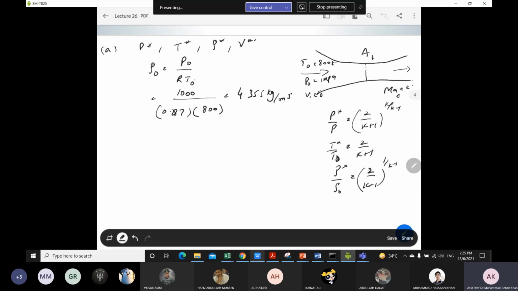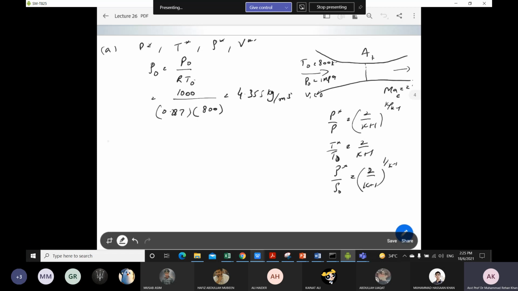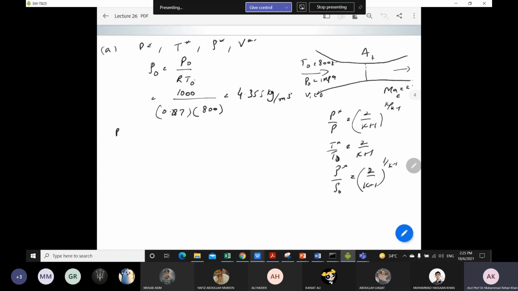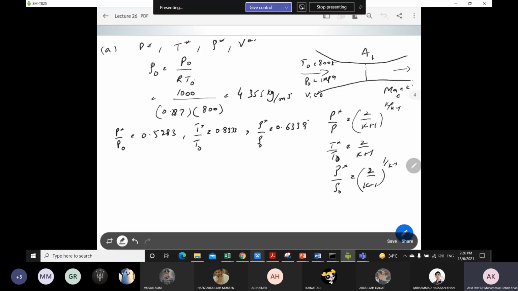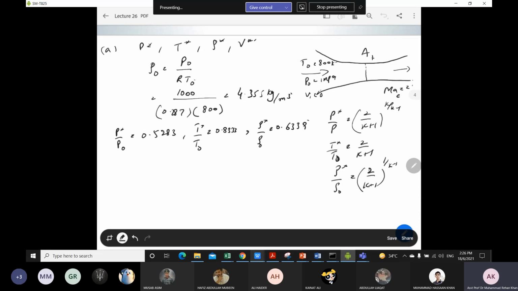Or simply you can go to table 8.32 and against Mach number 1, you can find P star by P naught value. In a similar procedure which we already did in the previous example, it is 0.5283, T star by T naught value is 0.8333, and rho star by rho naught value is 0.6339.